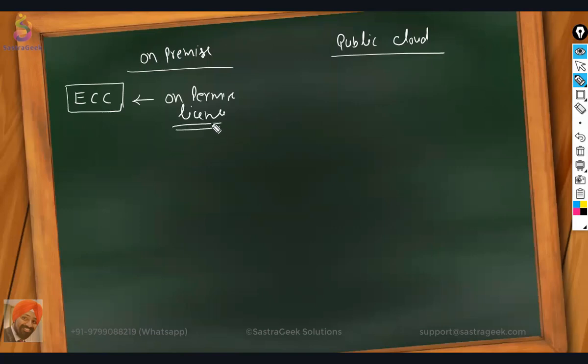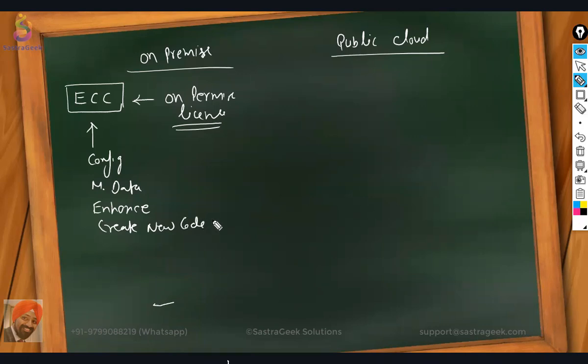SAP gives you that license of the software, and with that license you can maintain your own configuration, your own master data, and wherever you feel that this system is not supporting you and you need an enhancement, you can freely enhance. You can even create your new code, or a new set of modules within ECC, because you have a full license.